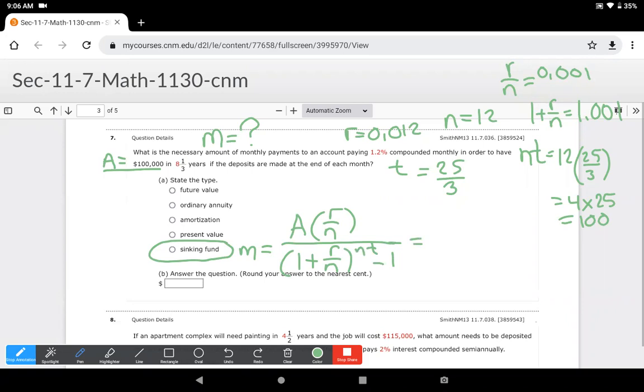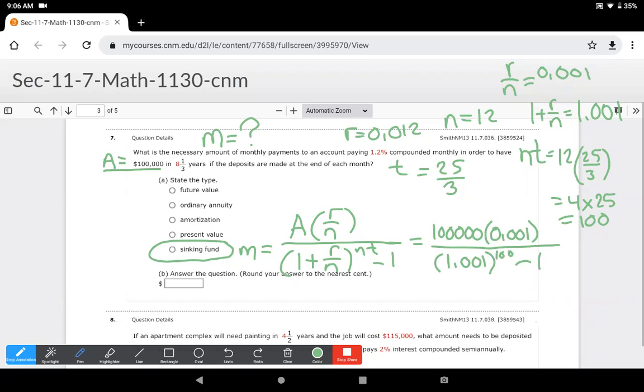So we'll have 100,000 times R over N, which we cleaned up. And then we have 1 plus R over N raised to the exponent 100, take away 1. A lot of ones and zeros in that.